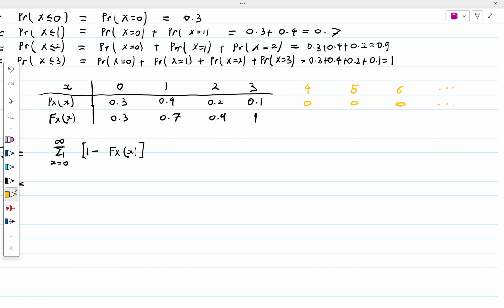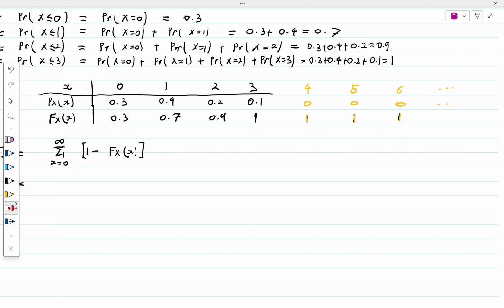And the cumulative distribution, right? So for example, the probability that X is less than or equal to 4 is still equal to 1, because it covers all your bases. In fact, it's 1 for all of these cases, 4, 5, and 6, because the probability X is less than or equal to 4, 5, or 6 covers all the cases of 0, 1, 2, and 3, so it sums to 1.